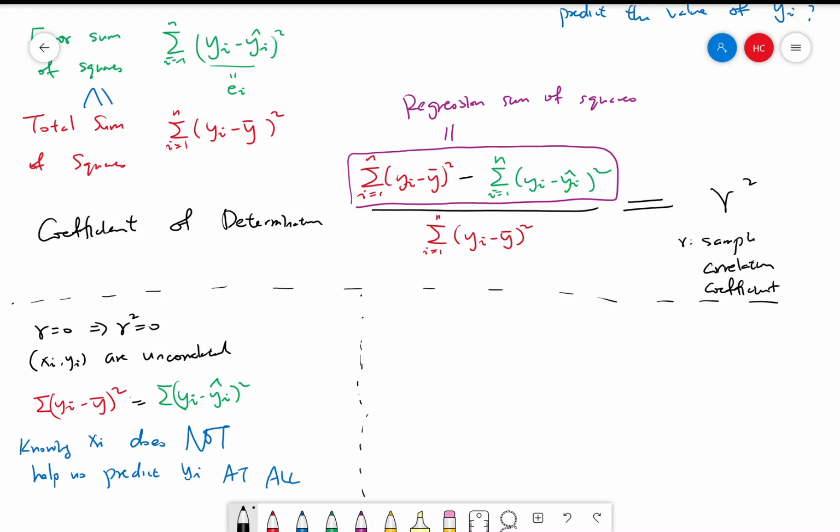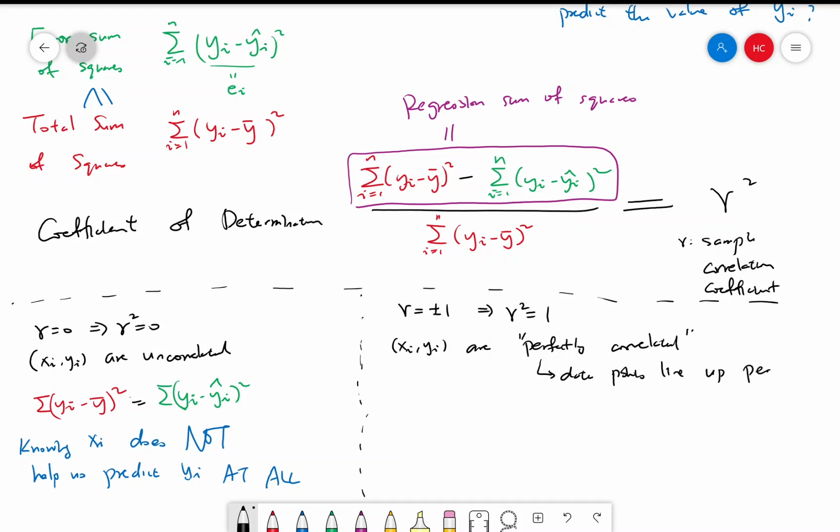And the other extreme case is when r is plus minus 1. Remember, r is only between -1 and 1. So if r is plus minus 1, well, this means r squared is 1. And this means xi and yi are perfectly correlated. Which means that the data points lined up perfectly on a straight line.